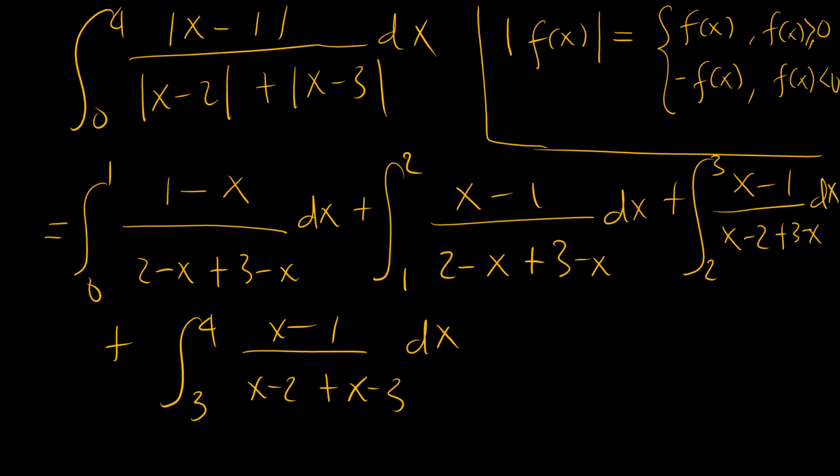So what we see here is this and that cancel, and negative 2 plus 3 is 1, so we just have the integral of x minus 1 here. What does our integral become? It becomes from 0 to 1, we have 1 minus x over 5 minus 2x.